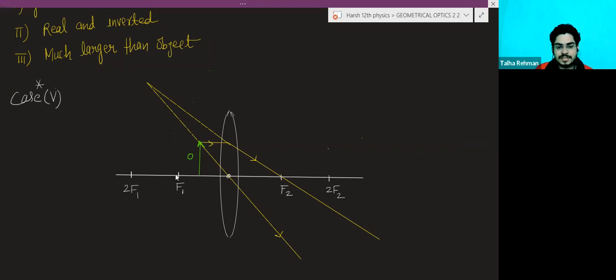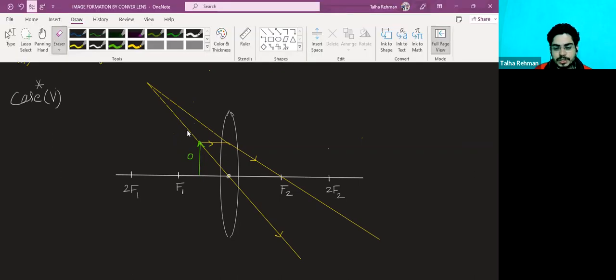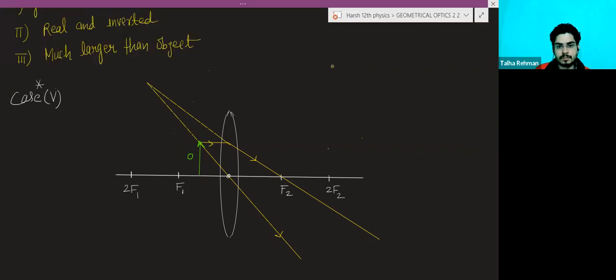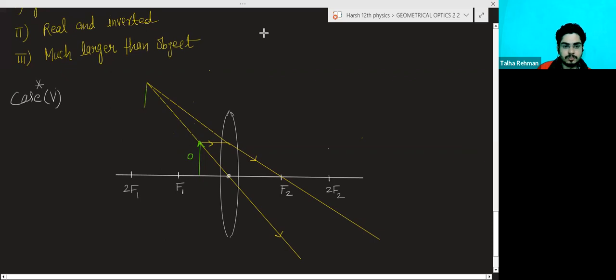So now you can say these rays are just meeting when you produce them in the backward direction. So here these rays are meeting and the image will be formed at this point. This will be the image.